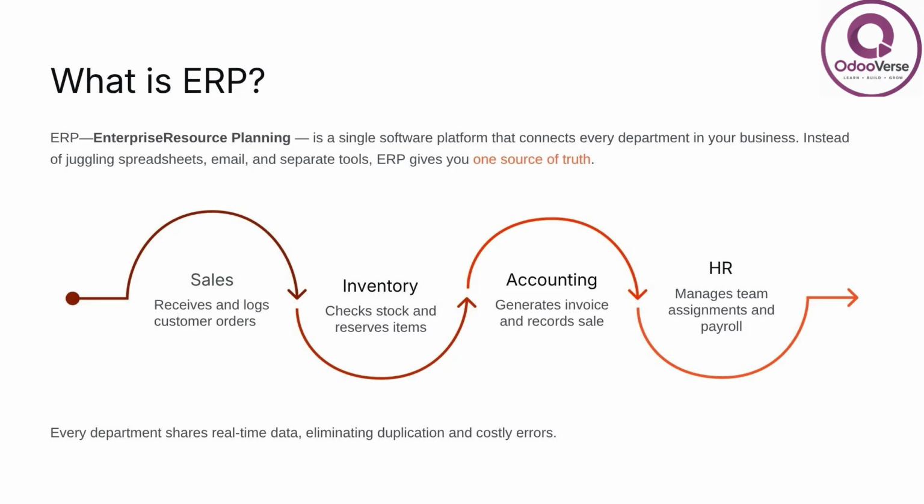Then, inventory checks stock availability. Accounting automatically generates the invoice. And HR can manage employee assignments related to that process. So instead of departments working separately, everyone works using the same real-time data. This reduces manual work, avoids duplicate data, and minimizes costly mistakes. That's why ERP systems are very important for modern businesses.